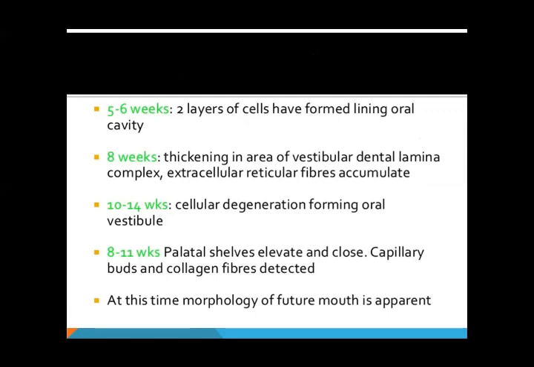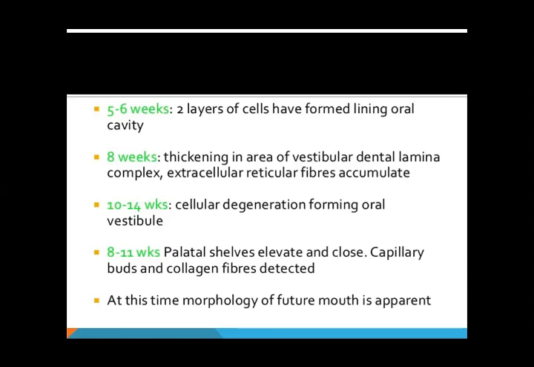At 8 weeks, there is thickening in the area of the vestibular dental lamina complex, and extracellular reticular fibers accumulate. At 10 to 14 weeks, cellular degeneration forms the oral vestibule.